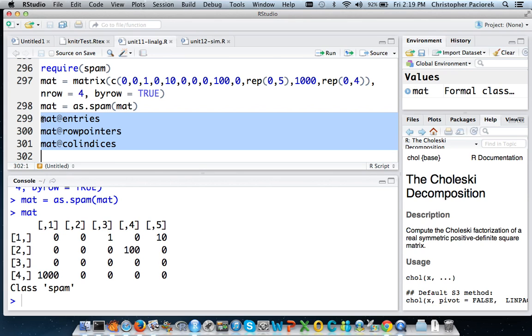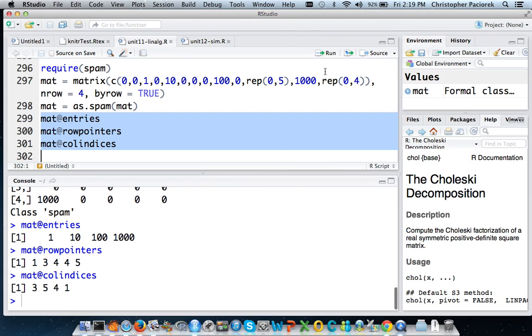So if we look and see what those look like, this is exactly the same matrix. You can see these elements are the same. You can see the column indices are the same. But if we wanted to know what the row pointers are, this is basically telling us the position of where in this vector does each of the rows, the non-zero elements of a row, start?